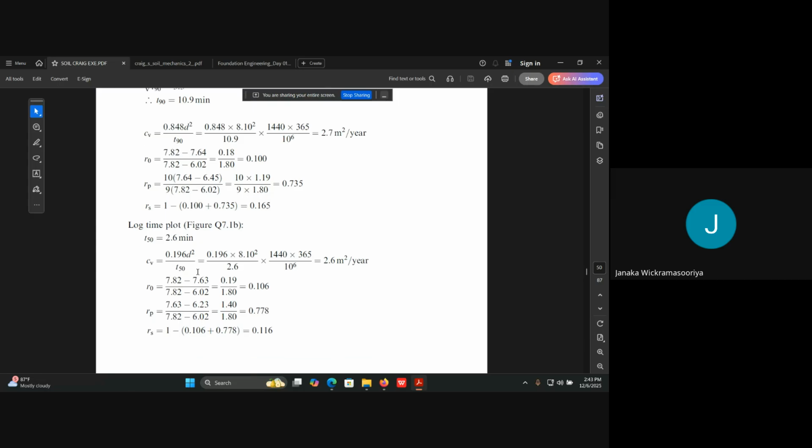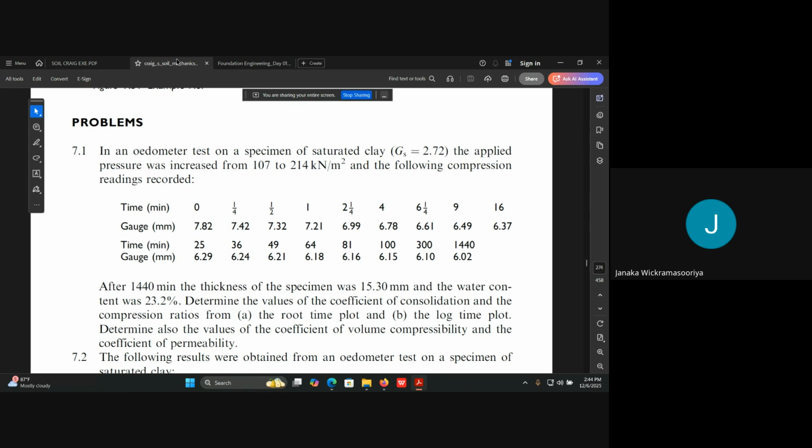So again using this one, you can find the T50, and then find the Cv value. Right.